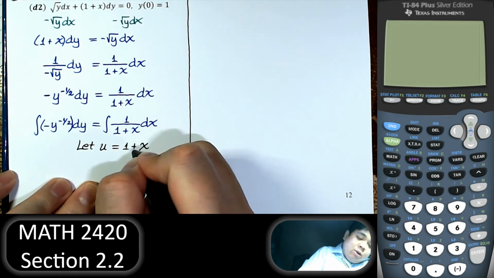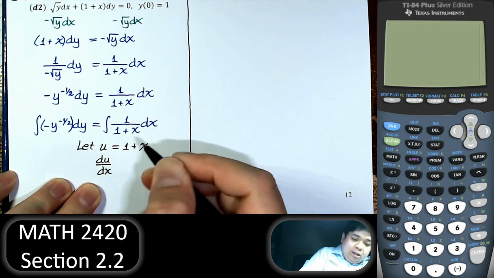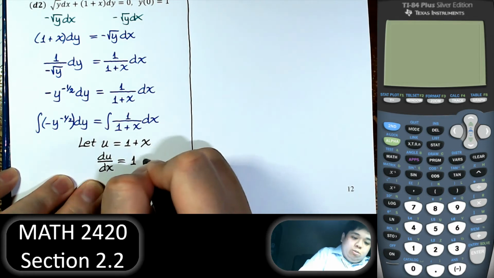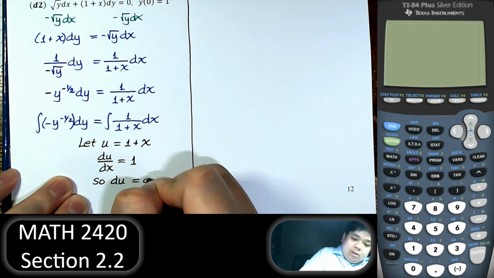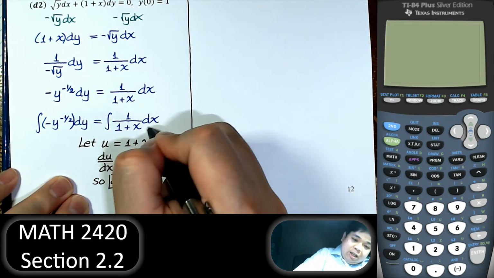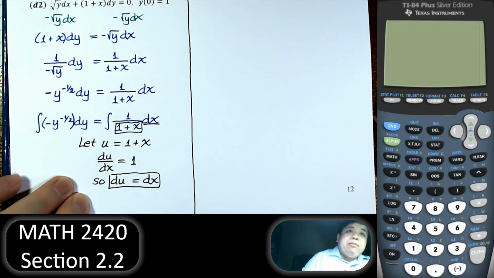Right, and then we take the derivative. The derivative of x plus 1 is 1. Move the dx over, so du is equal to dx. So we can substitute that in for dx. And 1 plus x is going to be u.